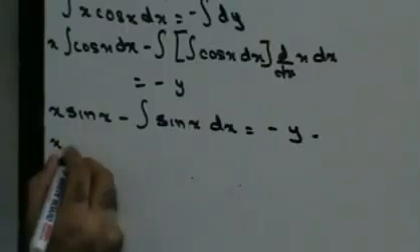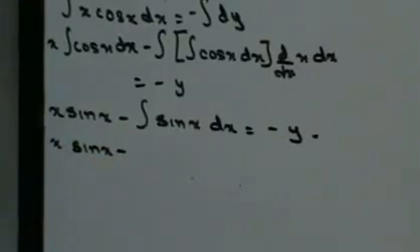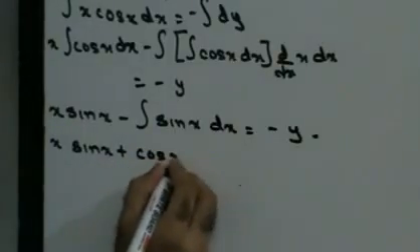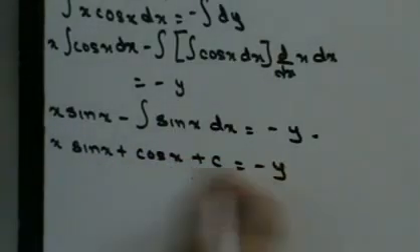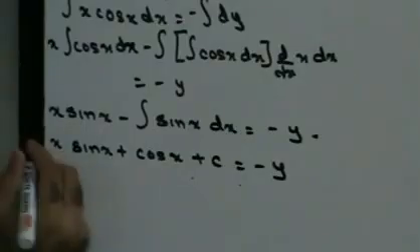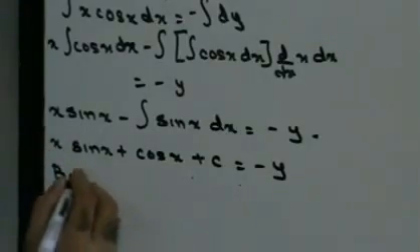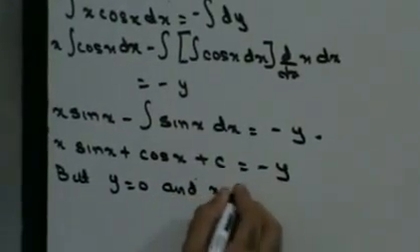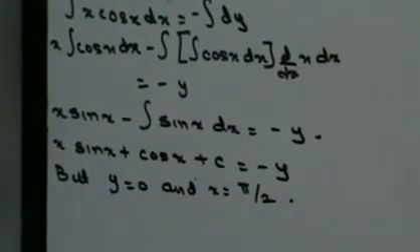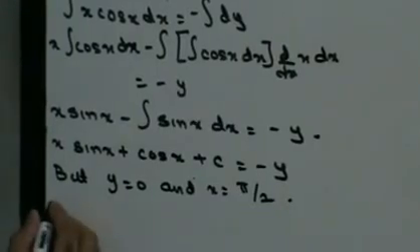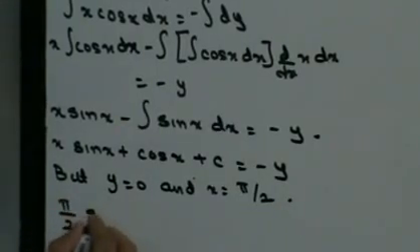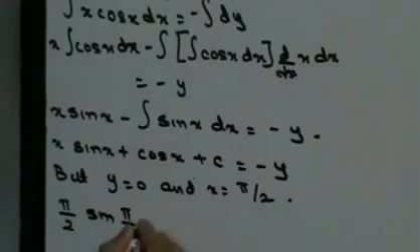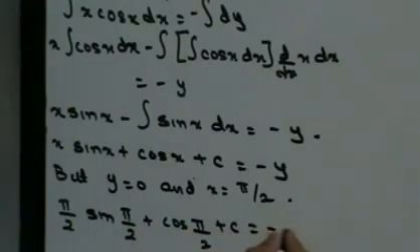Now this can be written as x sin x minus integral of sin x is minus cos x plus c is minus y. Now they give you that value of y is 0 and x is pi by 2. Substitute these values here. So you will get pi by 2 sin pi by 2 plus cos pi by 2 plus c is 0.